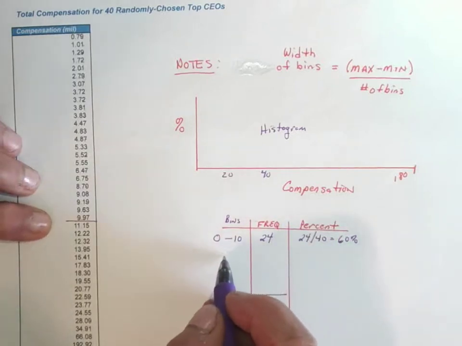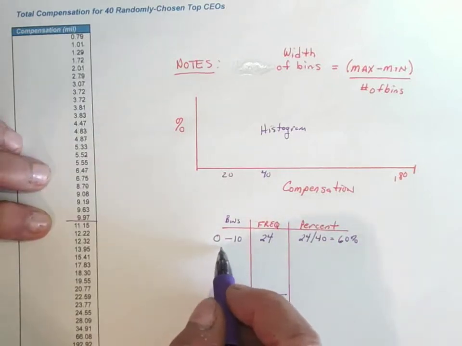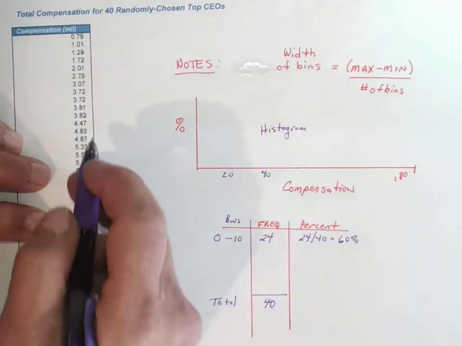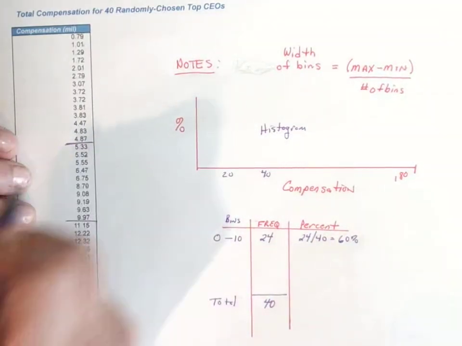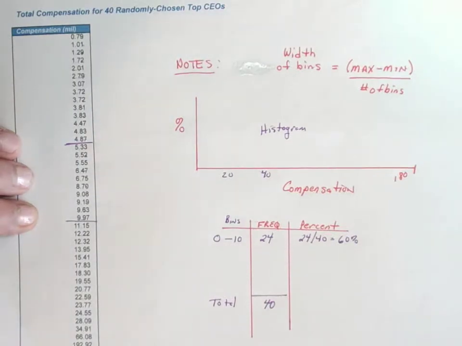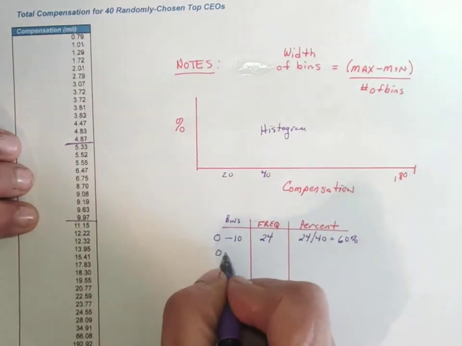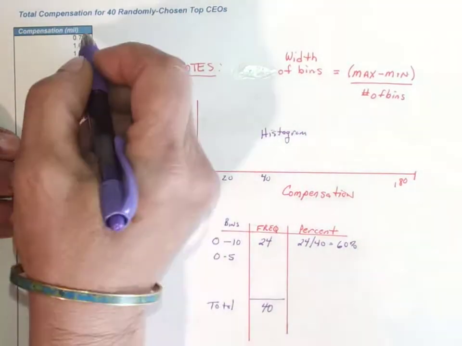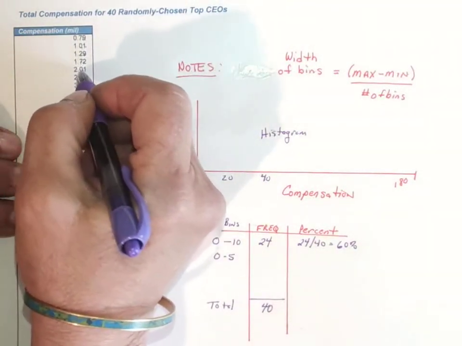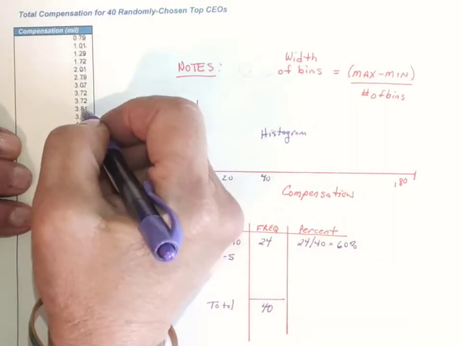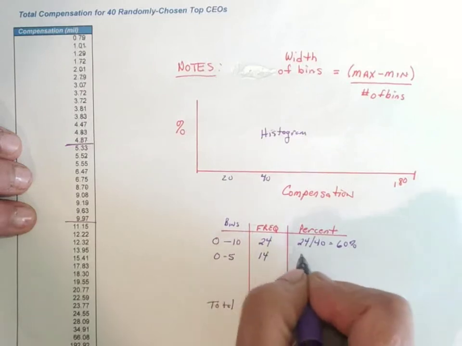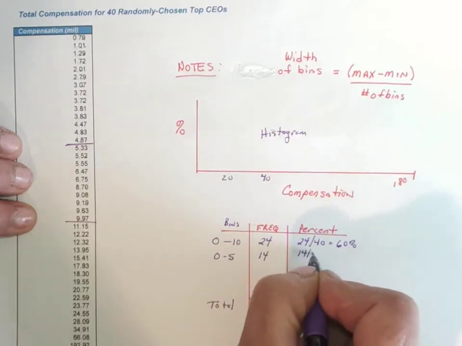And if you're looking at this, then you're saying to yourself, okay, if that's 60%, maybe they're doing it in groupings of 5. So if I did 0 to 5, let's see what our percent would be. 1, 2, 3, up to 14. 14 out of 40.